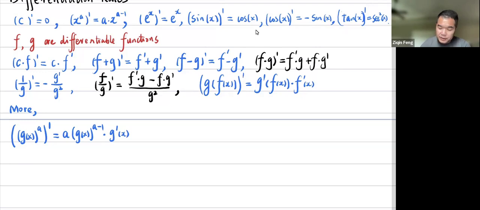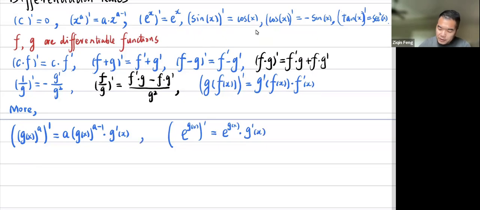And what if the outer function is the exponential function, e to g of x, prime? This will be e to g of x, because for the exponential function the derivative doesn't change, right? Then times the derivative of the inner function, g prime of x, right?